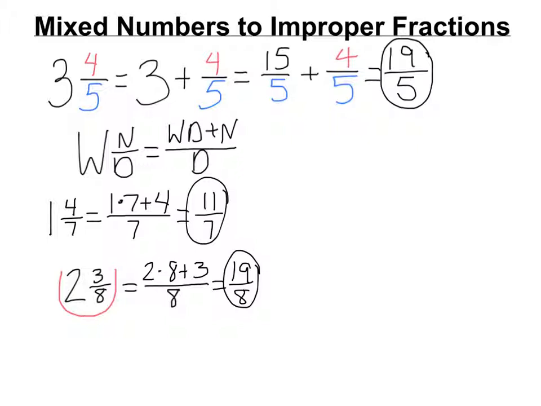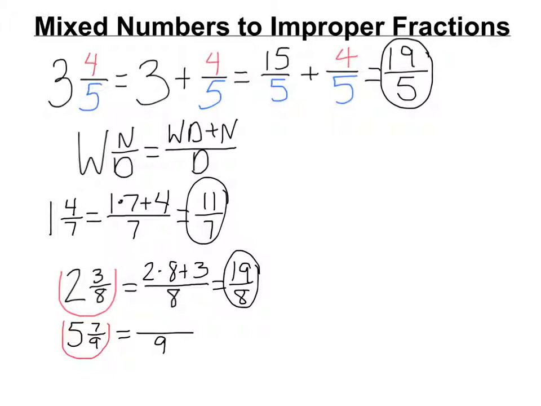And let's try one more. Let's try 5 and 7/9. Again, if we kind of imagine a U here, well, 9 is still my denominator.